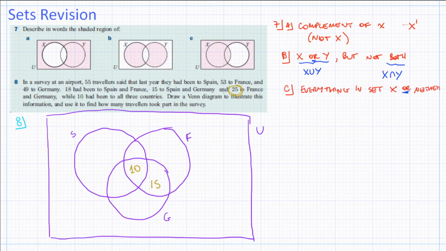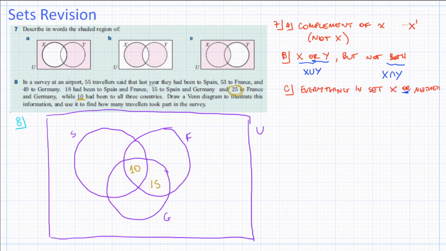We're taking out this 10, because out of those 25 who went to France and Germany, 10 of those also went to Spain. So they are already considered here. When we take this portion, the intersection of Germany and France, we'll still have 25.